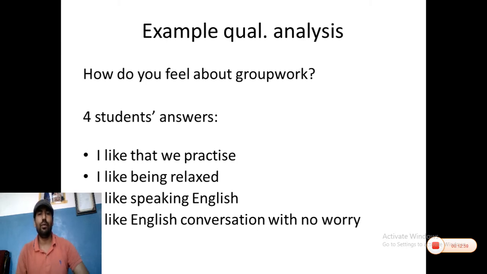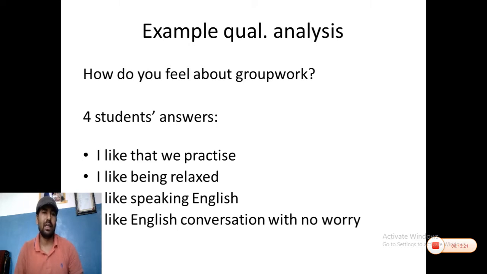An example of qualitative analysis, again you can see how we can analyze the qualitative data. You might have heard thematic analysis, or content analysis, discourse analysis, critical discourse analysis a lot. There are so many other tools for analyzing the qualitative data. However, we will focus here on content analysis.